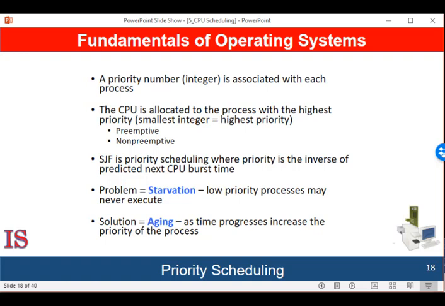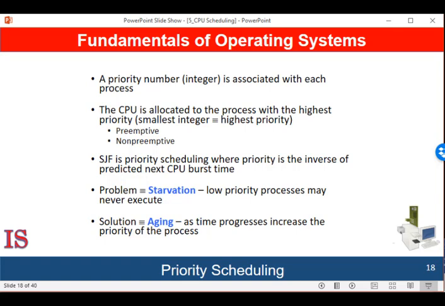Generally, one of two things will happen. Either the process will eventually run, such as when everybody else goes home for the day and there's no activity, or the computer system will eventually crash and lose all unfinished priority processes. It could be possible that a low priority job might not run for a long, long time.